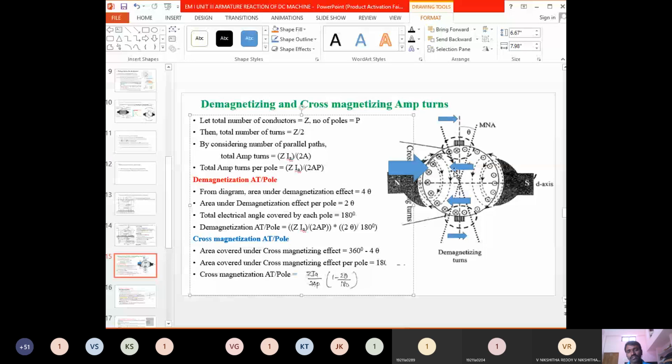Let's assume the total ampere turns per pole is 100, with the north pole generating 50 and the south pole generating 50. Due to demagnetization, there is an effect of 10 ampere turns per pole, and the north pole is generating 50.